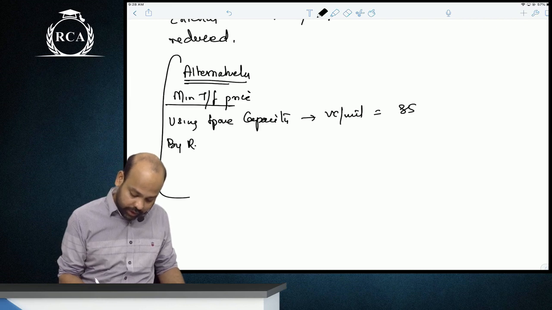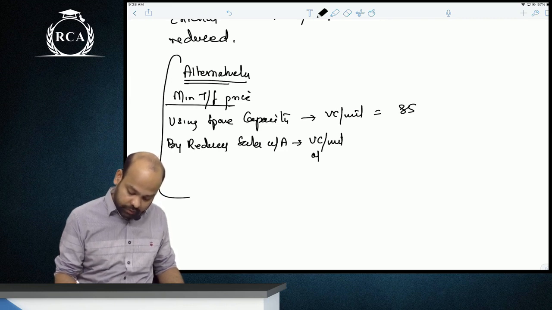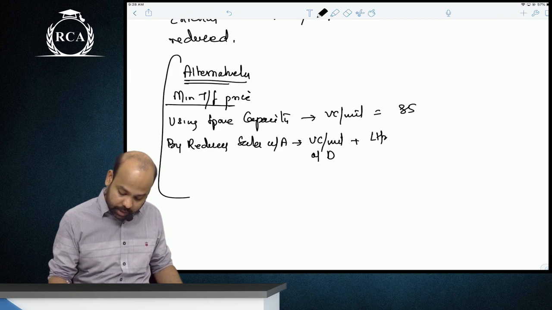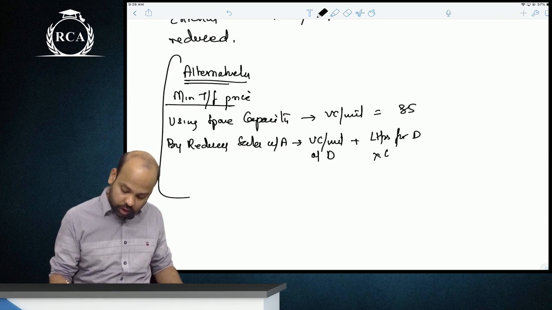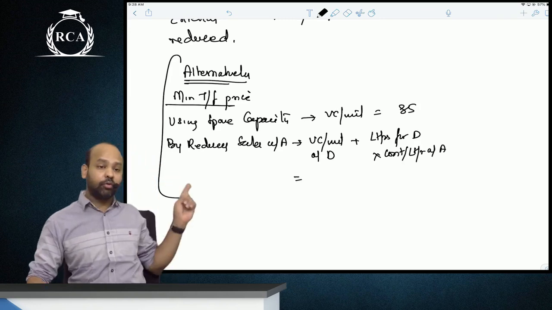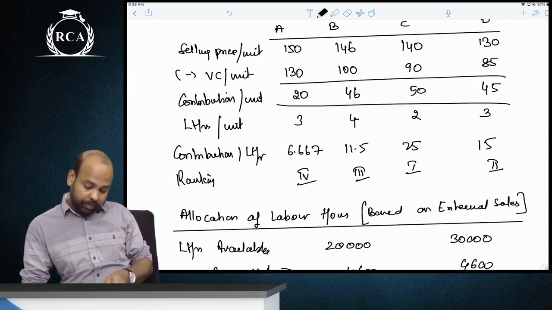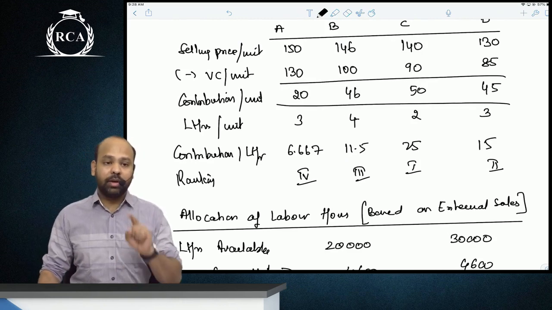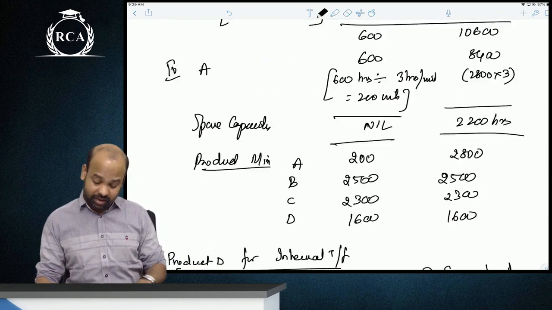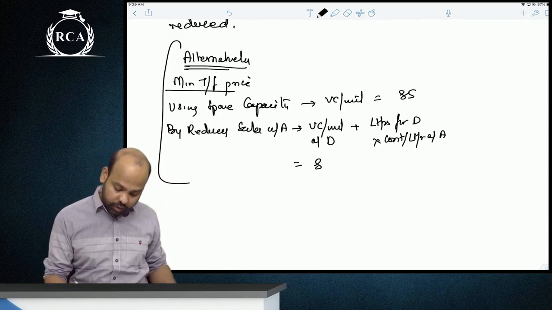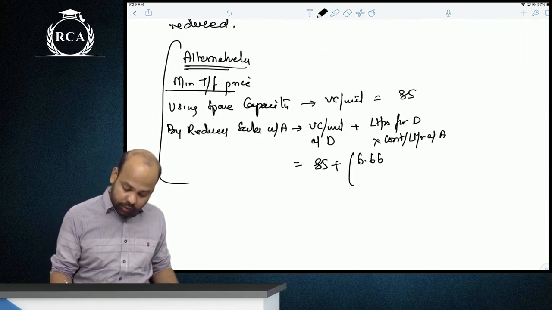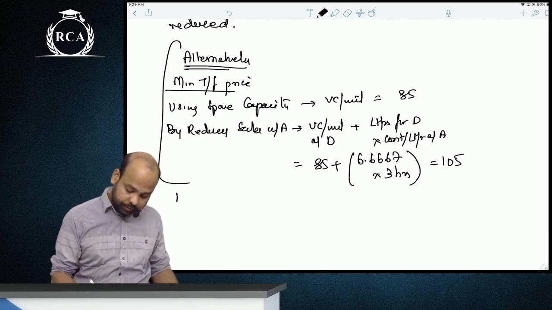By reducing sales of A, it will be the variable cost per unit of D plus the labor hours required for D into the contribution per labor hour of A. What is the contribution you will be foregoing on every unit of product A? If you reduce the resource allocation to product A, you are foregoing 6.667 per labor hour. You will have to recover that, and you need 3 hours for product D. This put together is 105.